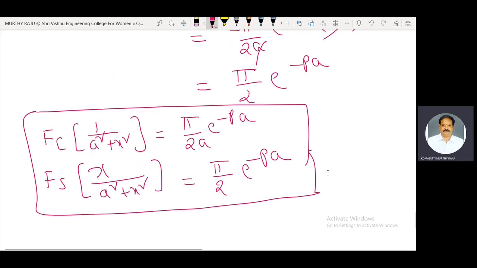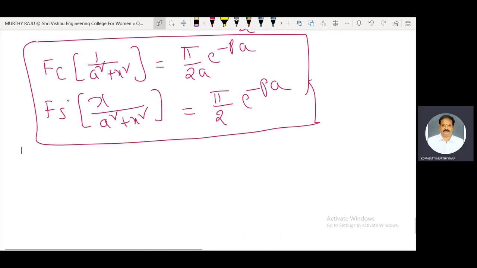In objective questions, given the Fourier cosine transform value pi by 2a into e power minus pa, find out this Fourier sine transform. By using this relation, we have to find out this one, x by a square plus x square.